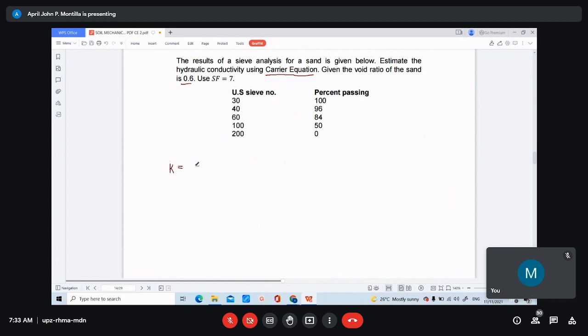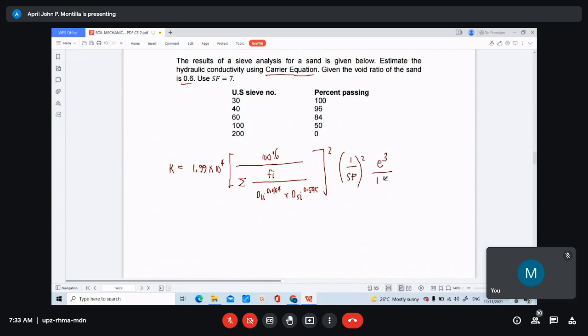Hydraulic conductivity is equivalent to 1.99 times 10 raised to 4 multiplied by the quantity 100% over summation of Fi over DLi raised to 0.404 times DSi raised to 0.595, quantity squared, multiplied by 1 over SF quantity squared multiplied by e cubed over 1 plus e.